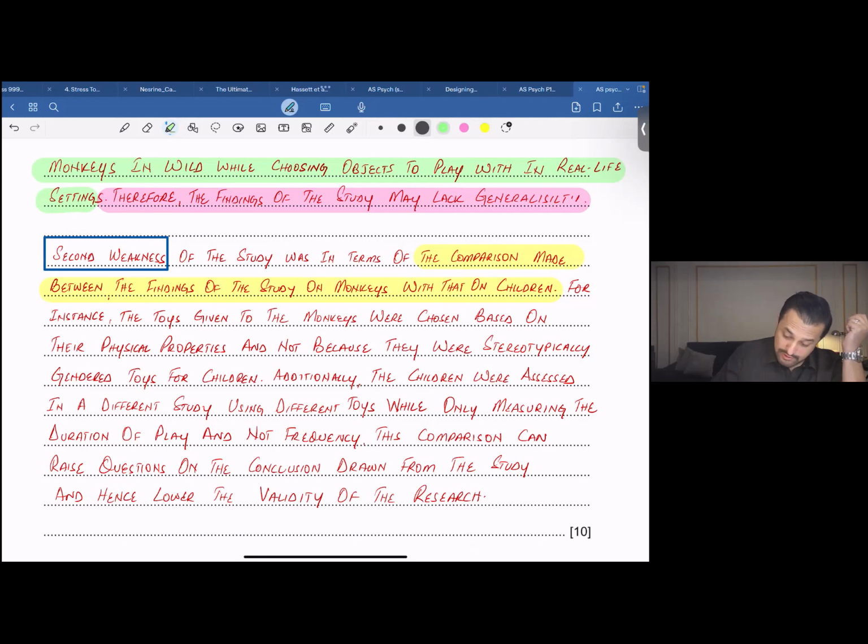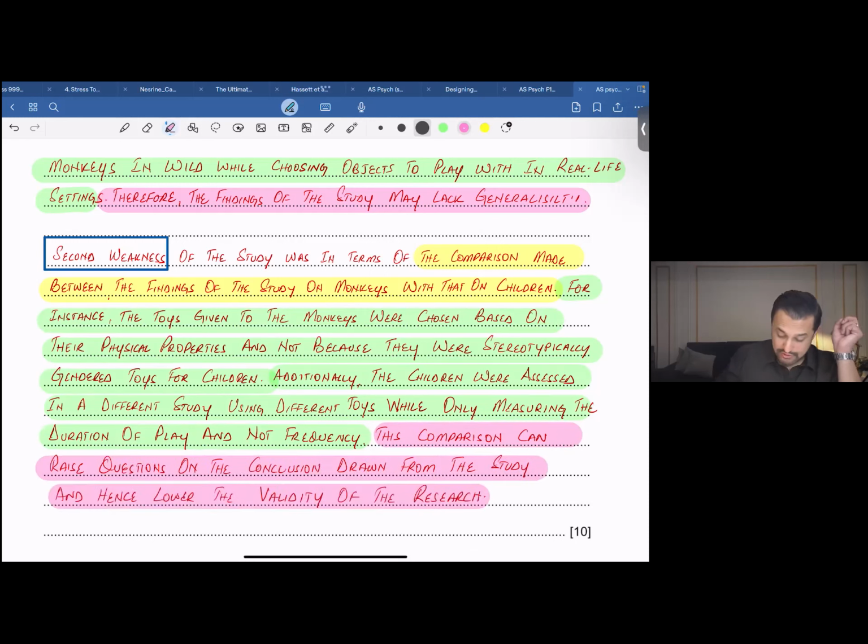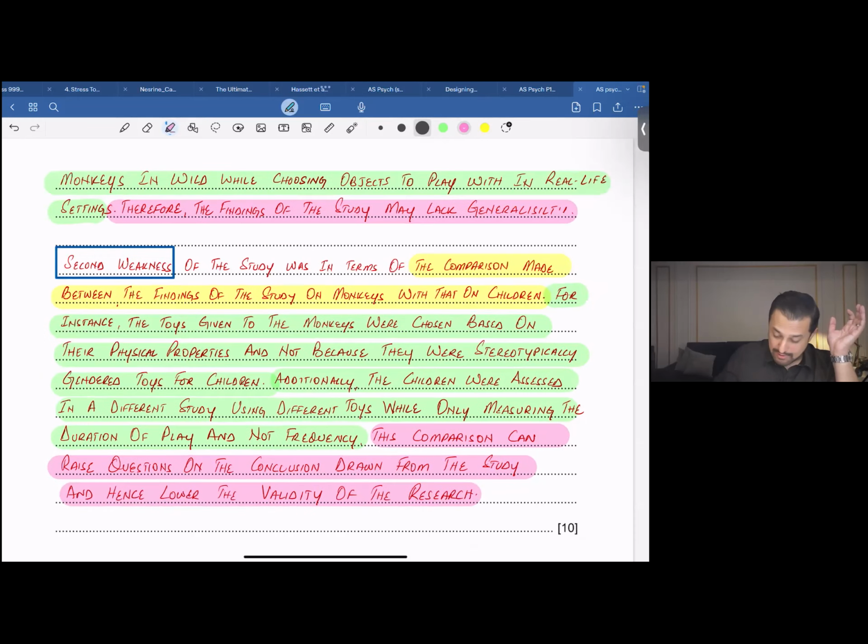Now, for instance, the toys given to the monkeys were chosen based on their physical properties and not because they were stereotypically gender toys for children. Additionally, the children were assessed in a different study using different toys while only measuring the duration of play and not the frequency. This comparison can raise questions on the conclusion drawn from the study and hence lower the validity of the research.